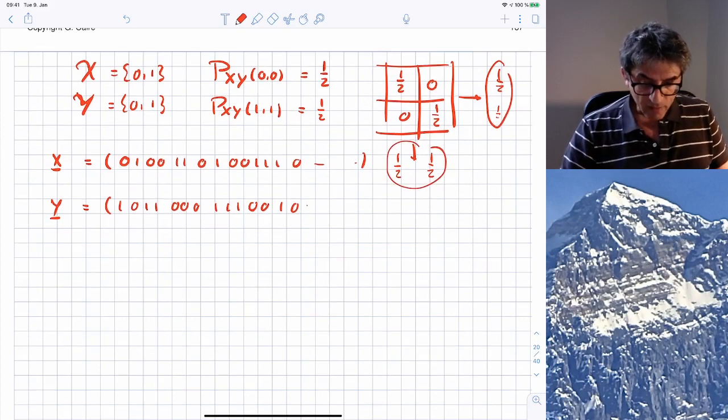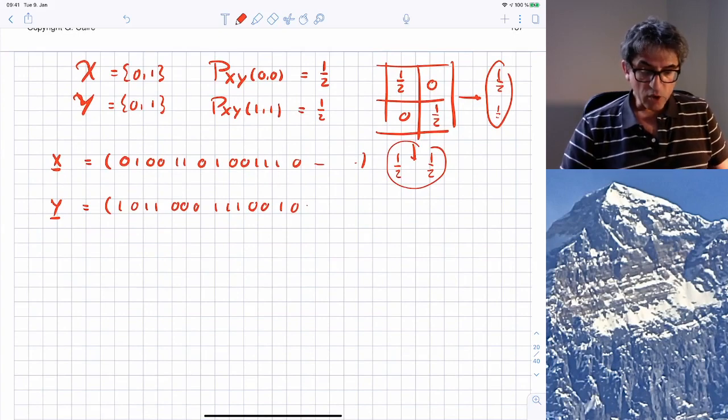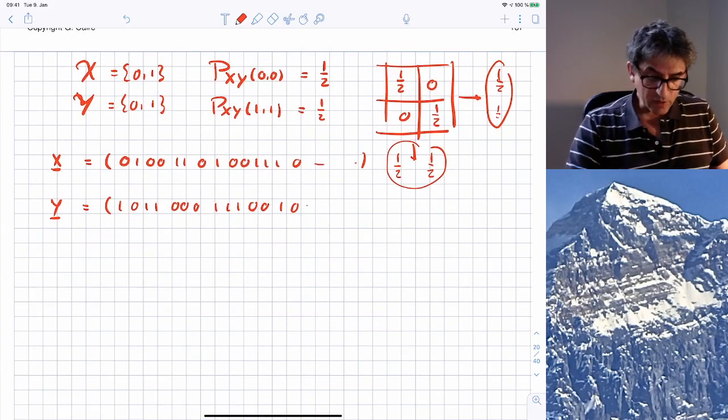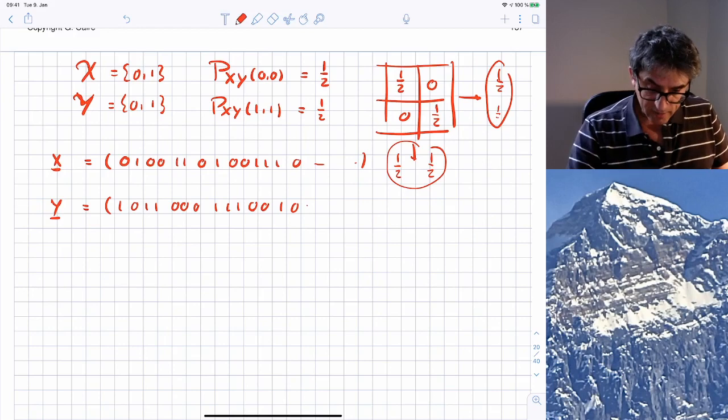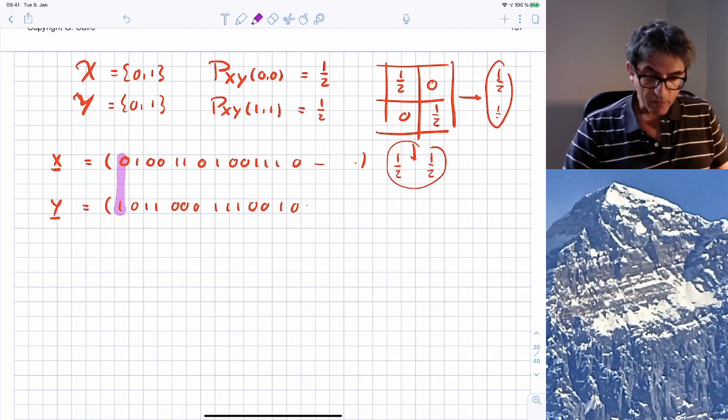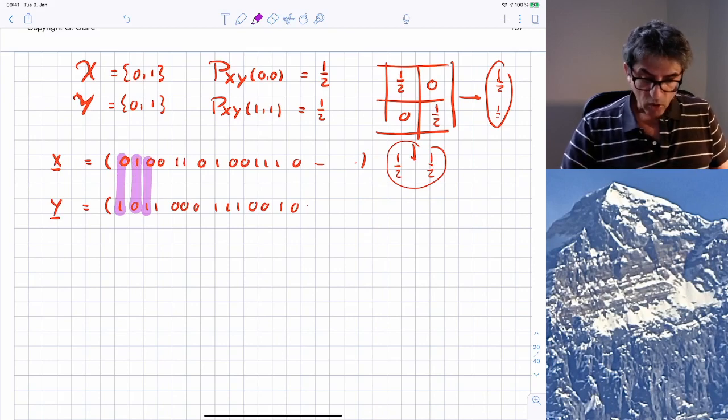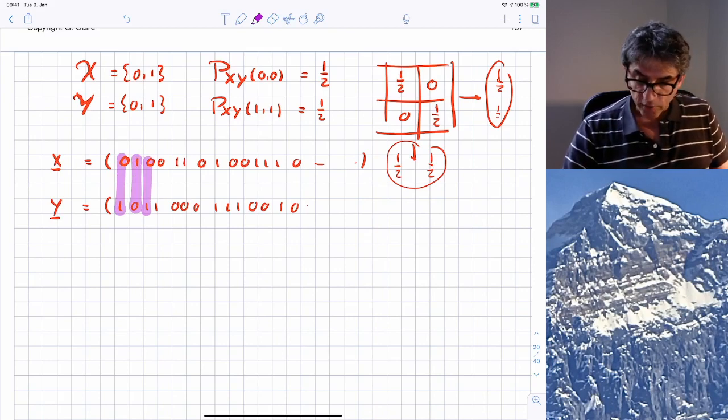But we see immediately that these sequences cannot be jointly typical. If I consider the pairs xy, I see that there are many instances in which I have, for example, 0,1 appearing, 0,1 appearing, 1,0 appearing. Clearly we see from the joint distribution that 0,1 and 1,0 can never appear together, right?